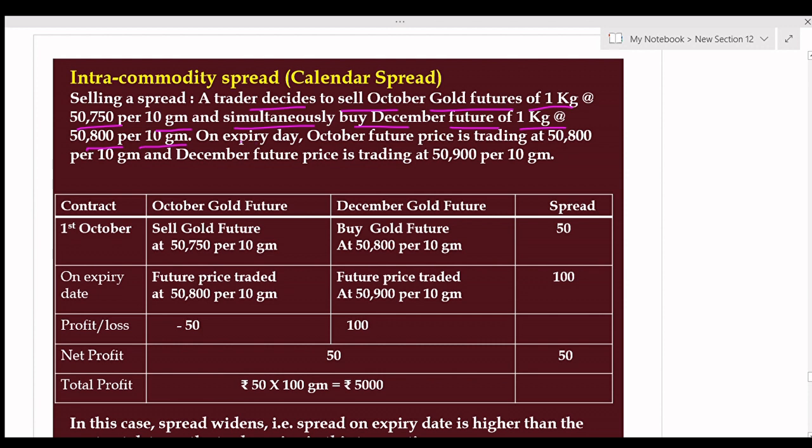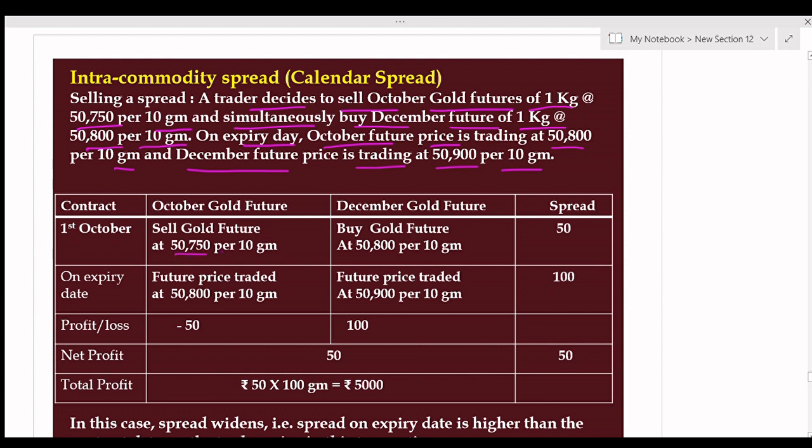On expiry day, October future price is trading at 50,800 per 10 gram and December future price is trading at 50,900 per 10 gram.